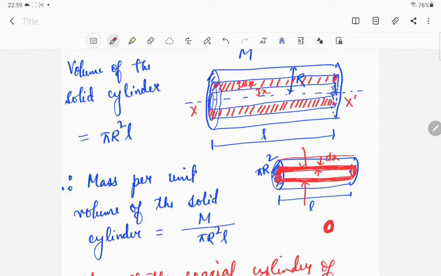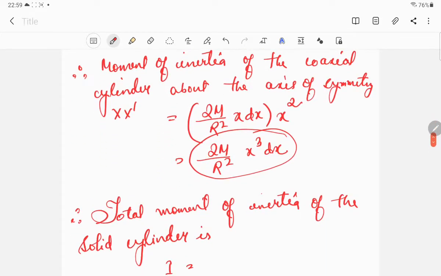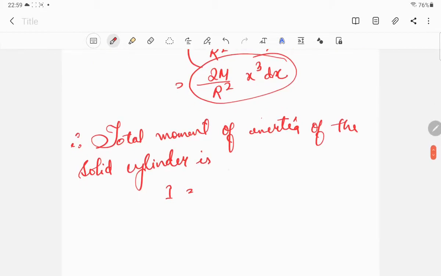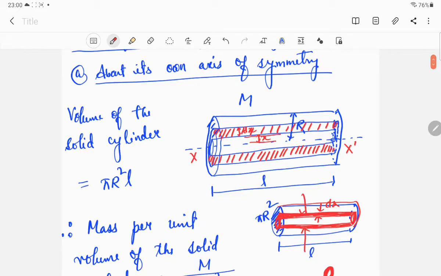To get the full cylinder we need to add many coaxial cylinders like this, so we need to integrate the moment of inertia of this coaxial cylinder over the different limits of x to get the total moment of inertia. So it will be 2M by R square x cube dx. Here x is nothing but the distance of that element from the axis. The minimum value of x comes here, and the maximum value of x comes here.